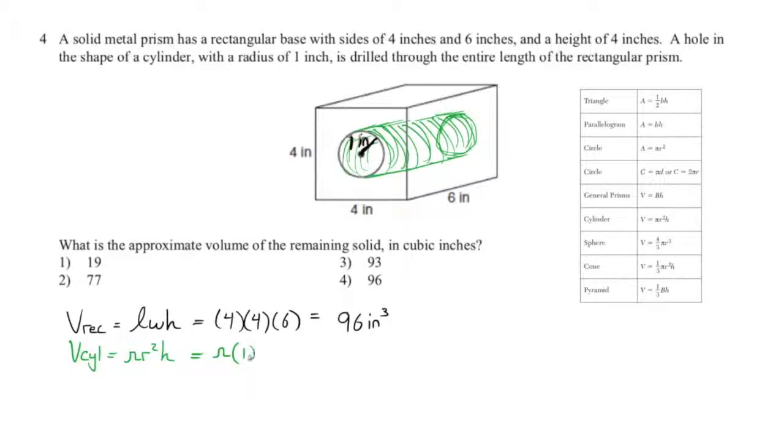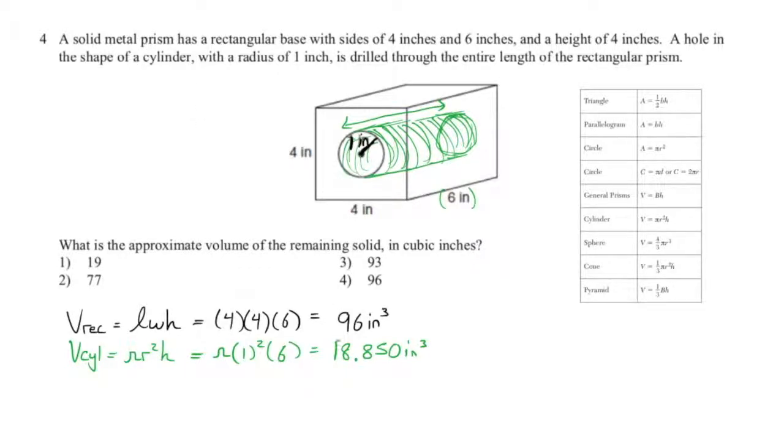So pi times 1 squared, and the height of this cylinder goes along the same line as the 6 in the rectangular prism. So we're going to plug in 6 there as well, and that's going to be 6 pi, or when you approximate that with the calculator, 18.849, let's say. Actually 18.850 if I round correctly.